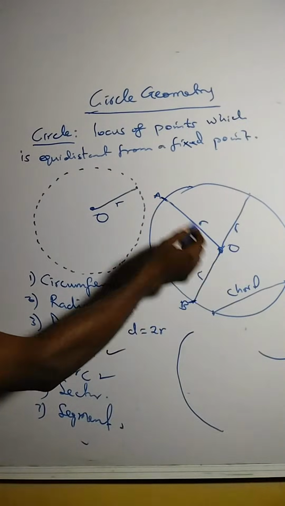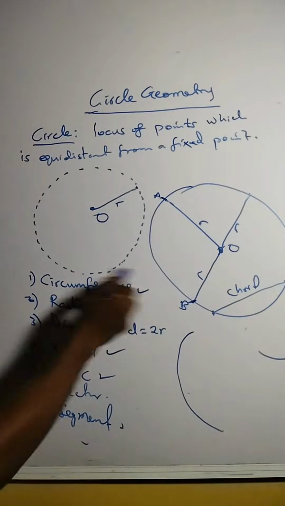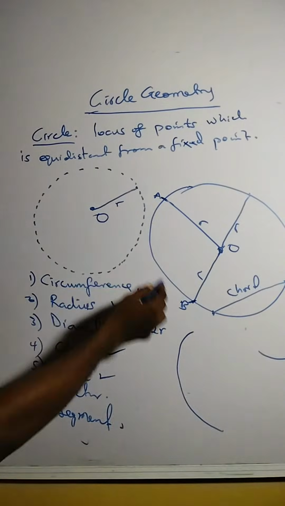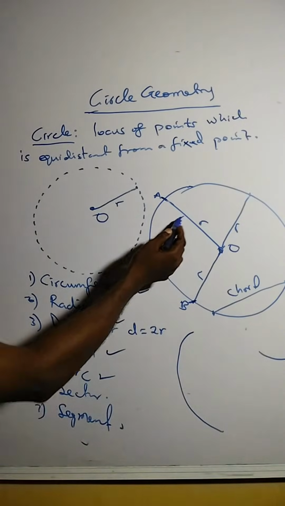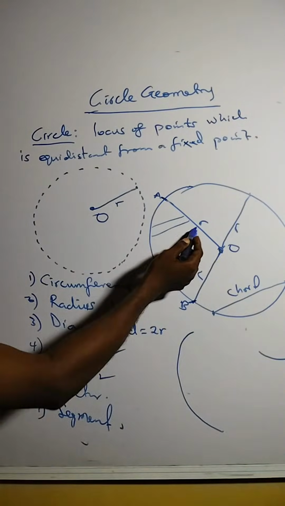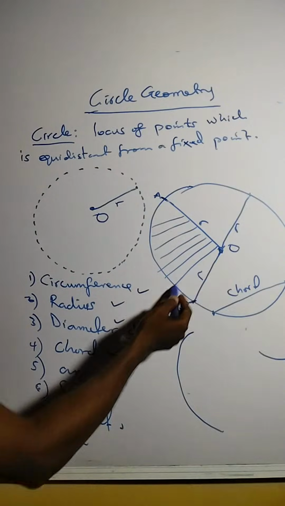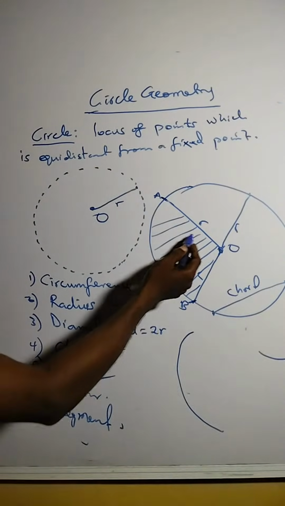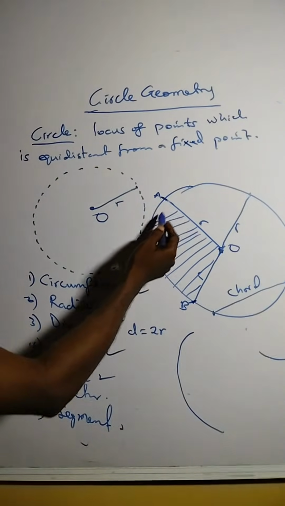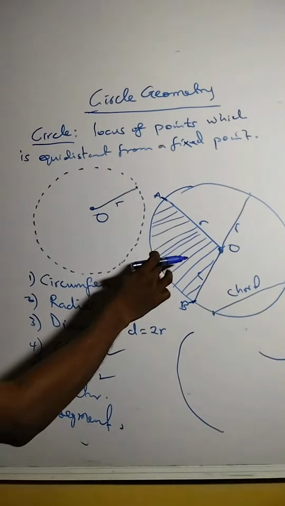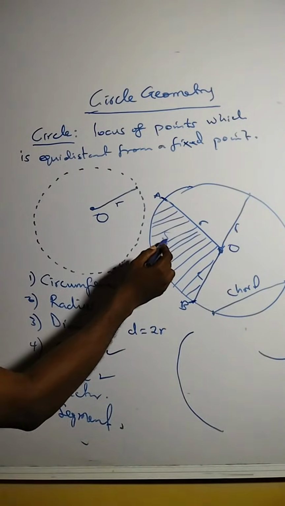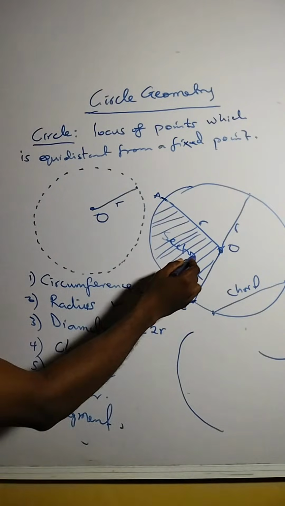So from the radii AO and OB, those are two radii bounded by this arc AB. So this region here now is what is referred to as a sector. A sector. And this shaded part is a sector, which is a minor sector.